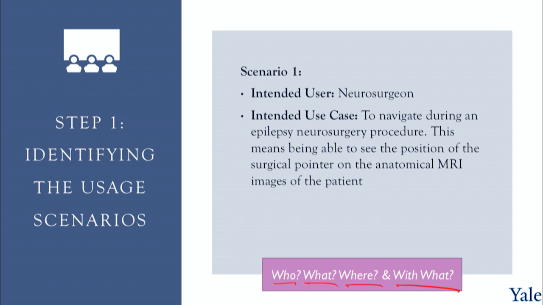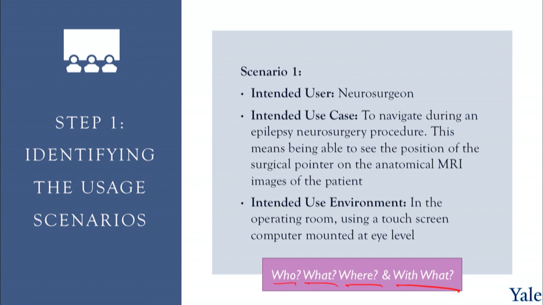This means being able to see the position of the surgical pointer on the anatomical MRI images of the patient. So this is the crosshairs that we showed before. The intended use environment is the operating room, using a touchscreen computer mounted at eye level. This is a scenario: who, what, where, and with what. Okay, so that is a scenario.